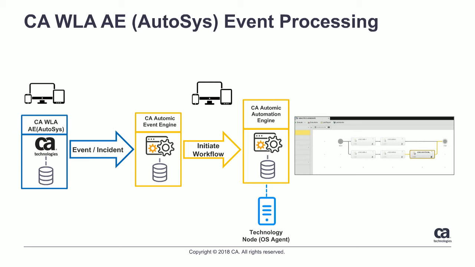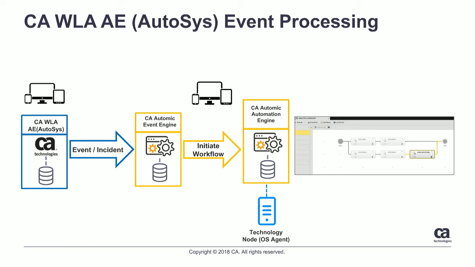I'm going to capture those variables, and then I'm going to pass that information over to a workflow in the event engine that's going to run a script action, that's going to run a curl command, that's going to insert that into ServiceNow and create an incident and enrich that incident with the information about that job failure, right?